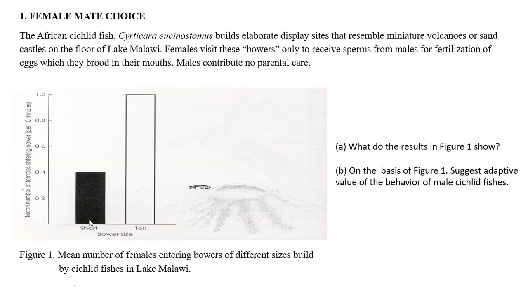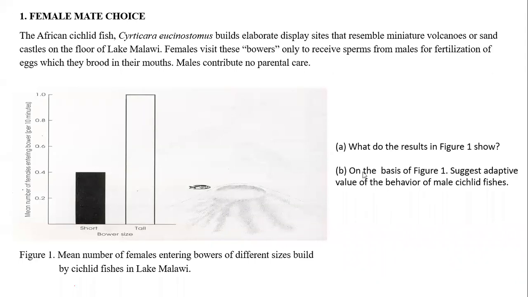Or we can say that more females entered the tall bowers compared to the short ones. We are not interpreting the meaning of that. All we are saying is that there were more females in the taller bowers than the short ones. So that is describing the trend of the study.